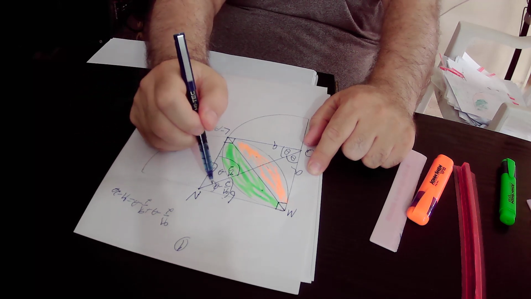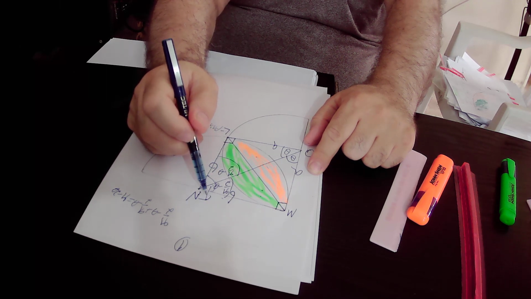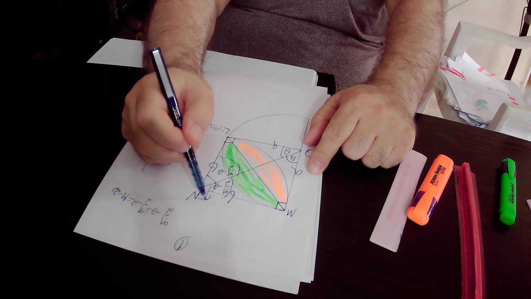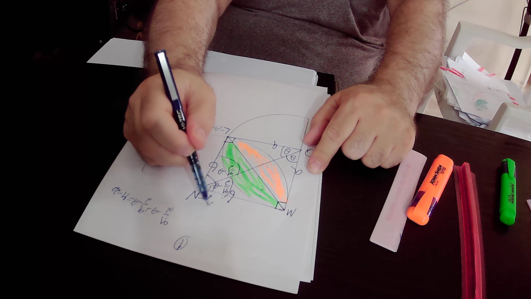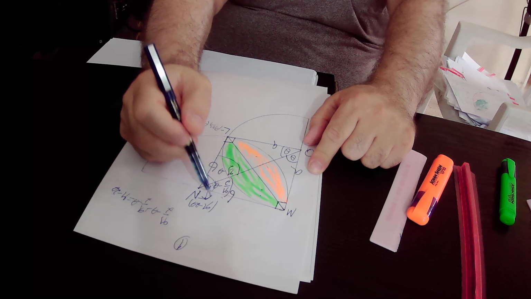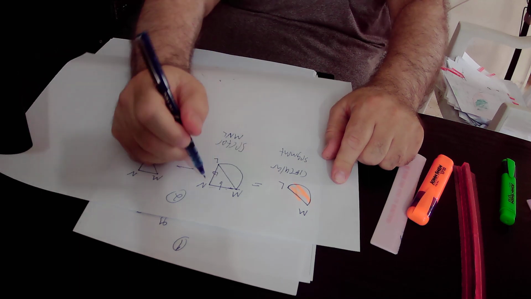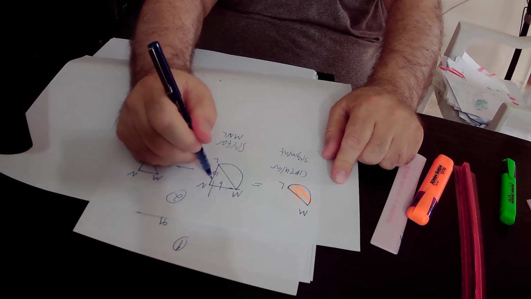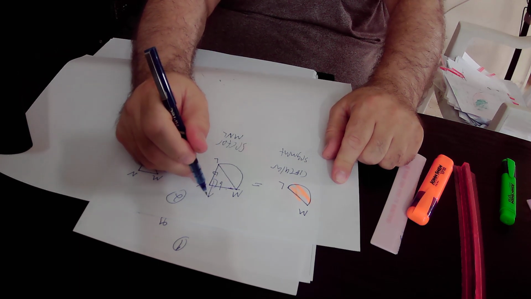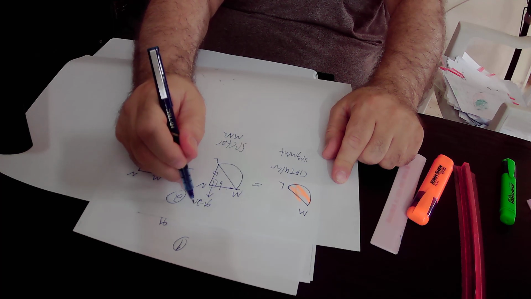So in conclusion, angle MNL equals pi minus 2 theta. So the size of the angle between the legs of sector MNL equals pi minus 2 theta.